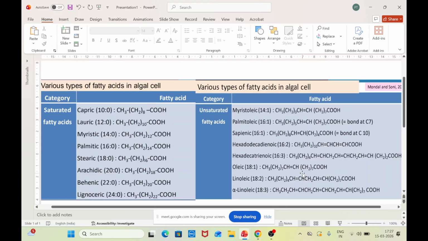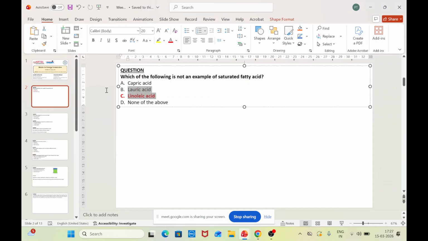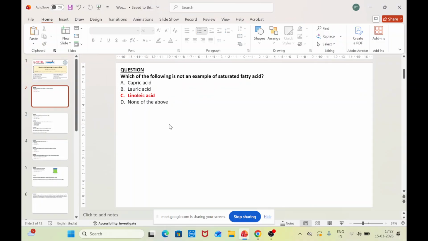All the bonds present in them are sigma bonds, so they come under the class of saturated fatty acids. So this is correct. Linoleic acid is not an example of saturated fatty acids. So let's move on to the next question.